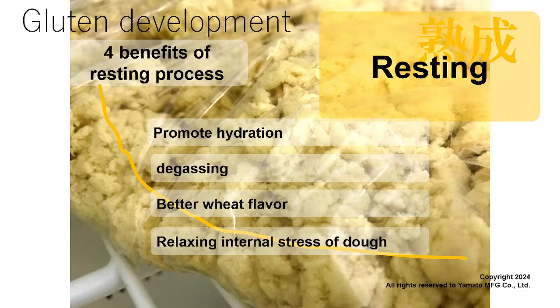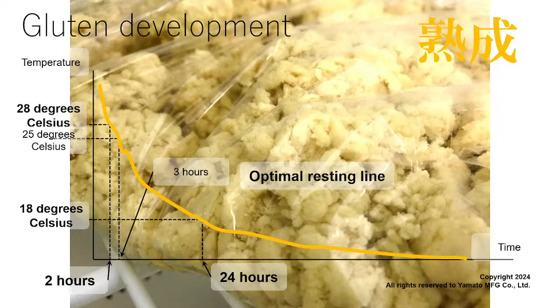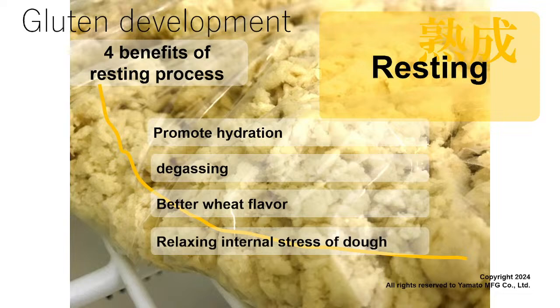We hydrate the solid ingredients in the mixing, but resting the dough further gives better hydration. Then degassing: we want to remove all the air pockets from that dough, because when we cook the noodles, the air pockets burst, and that ruins all the noodle texture that we have worked so hard to develop.